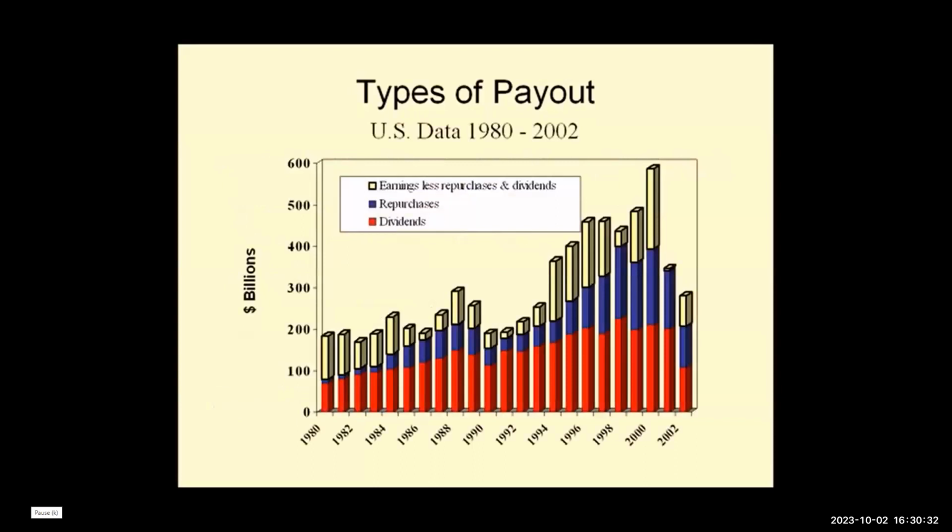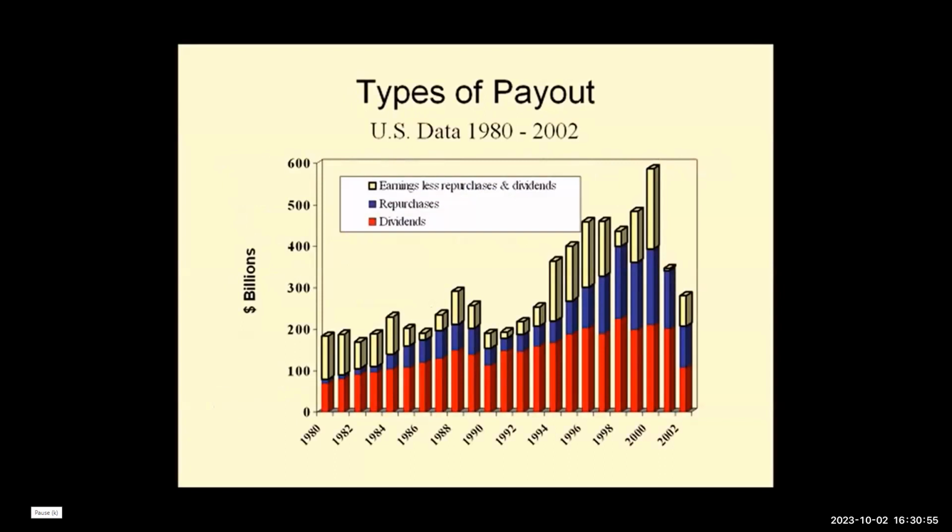Here's the distribution of types of payout over the past 20 plus years by U.S. corporations. The top of each bar indicates total earnings. The red portion indicates cash dividends. The blue portion shows stock repurchase.